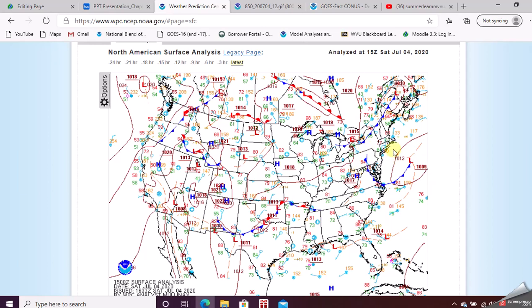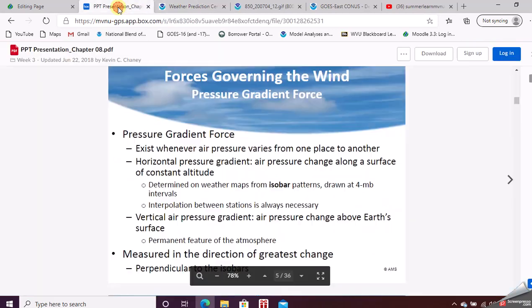So the more lines you see on a weather map, tighter together, of isobars, the stronger the wind's going to be because of the pressure gradient. Today, there's not much wind. There's not a lot of air motion whatsoever out here. So that is pressure gradient force. It acts perpendicular to the isobars.